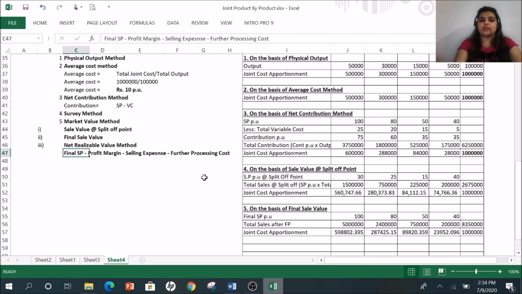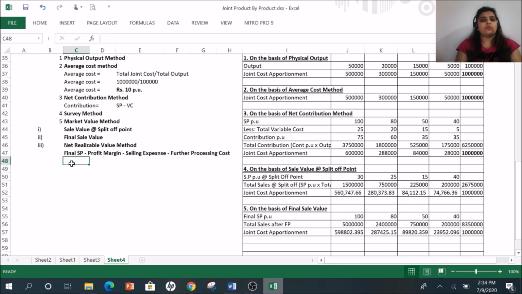If I remove everything, see again I am explaining, I have the final selling price. From the selling price if I remove profit, what am I left with? I am left with the total cost. Total cost मतलब सब कुछ, the total cost को हम क्या बोलते हैं? Cost of sales. From the cost of sales, if I remove selling and distribution, what do I have? Cost of goods sold.